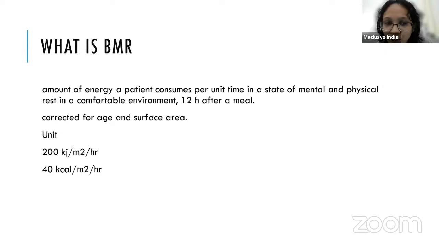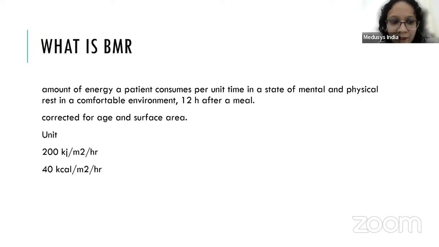So what is the unit for BMR? How do you calculate it? The unit of BMR is kilojoules per second. It's around 4.16 kilojoules per second for each gram of carbohydrate metabolism. Okay, but you said it is calculated as per surface area also.